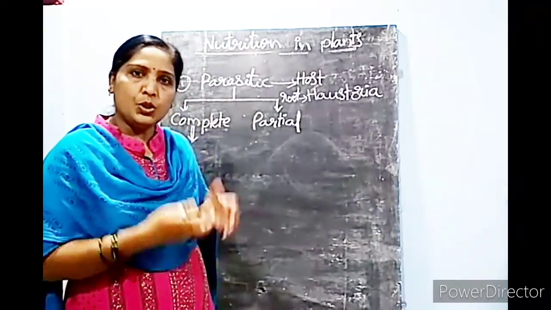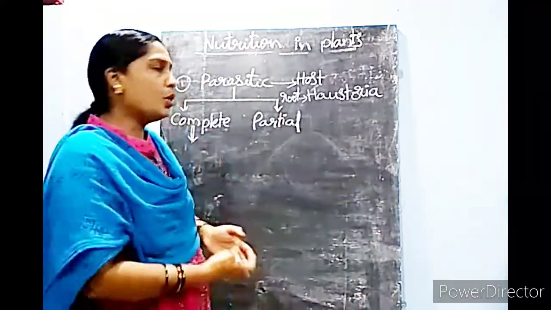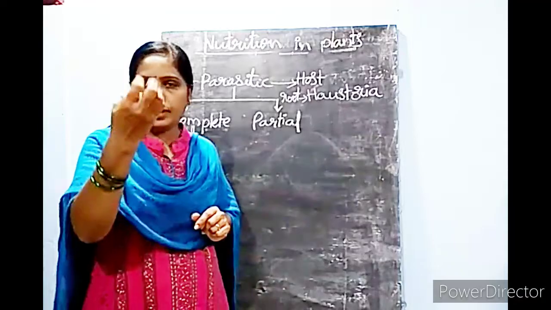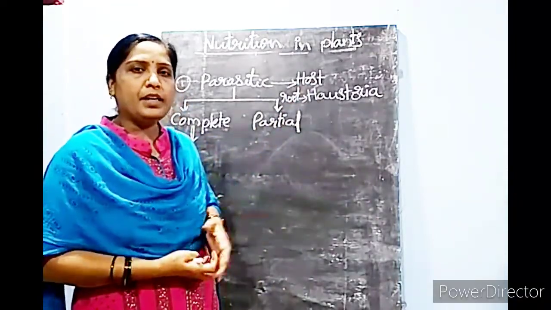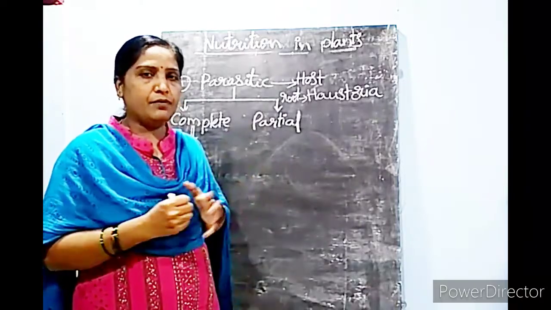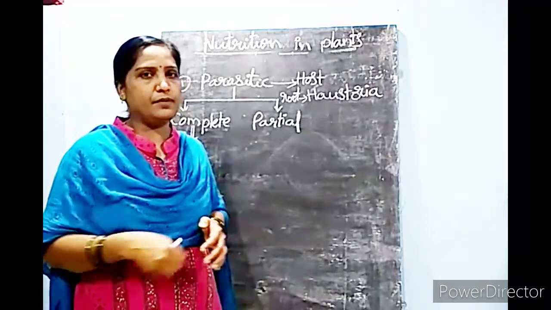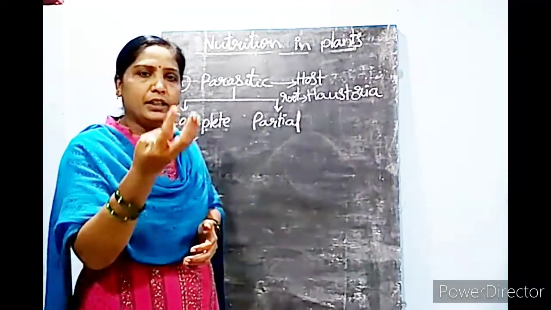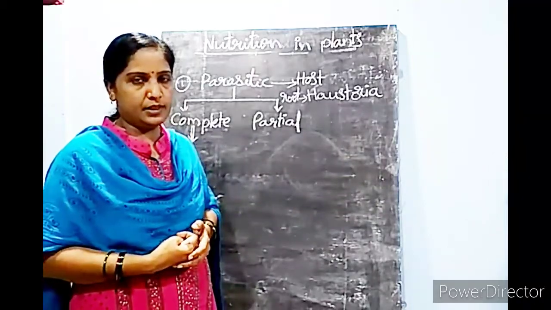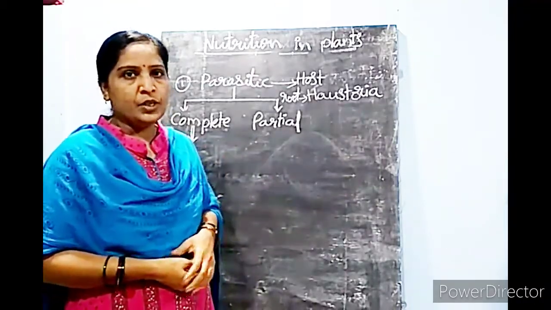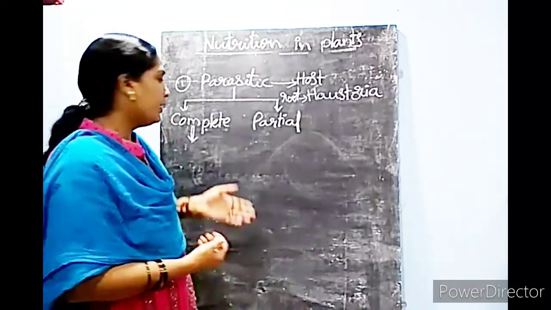So in the xylem, ready-made minerals and water are available, and these complete parasites take them from the host with the help of haustoria. They also take the ready-made food which is prepared in the leaves and carried by the phloem to the different parts. So they take the required nutrients from the phloem and survive. They are completely depending on the host plant.